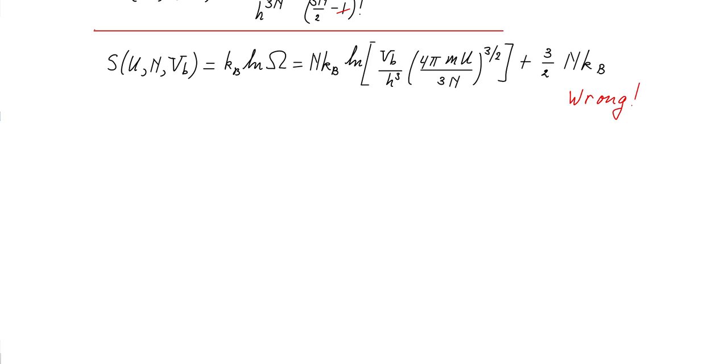This result, however, turns out to be wrong. The reason is that we have considered the particles to be classical, and if in classical mechanics we swap two particles, so suppose of all the n particles we single out particle 1 and 2 and we swap the two, then classically we get a new configuration, a new state. However, that's not the case in quantum mechanics.